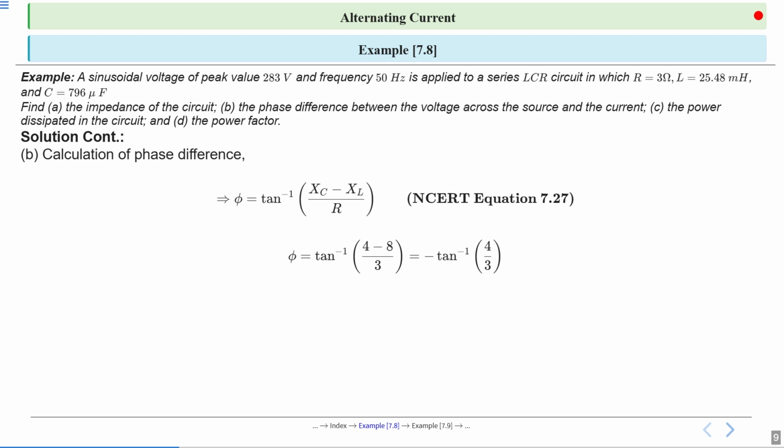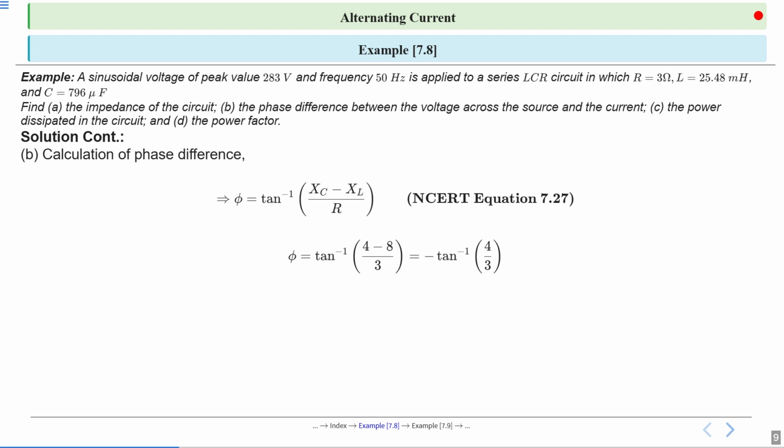So what is the value? You have to remember two values for tan phi. Tan 53 degree is equal to 4 by 3, and tan 37 degree is equal to 3 by 4. These two values you need to remember, as they are used in various chapters.